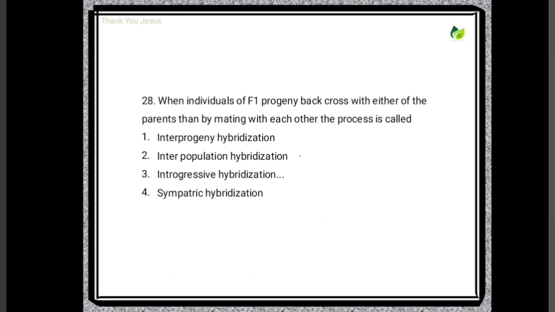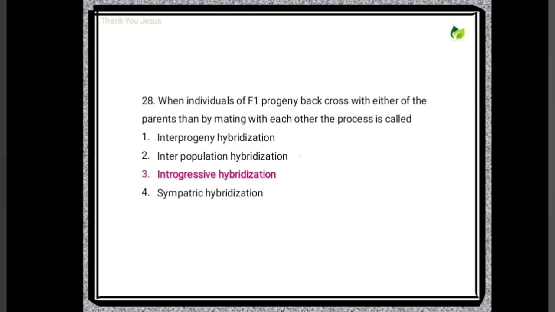When individuals of F1 progeny backcross with either of the parents, then by mating with each other, the process is called. Options are interprogeny hybridization, interpopulation hybridization, introgressive hybridization, sympatric hybridization.